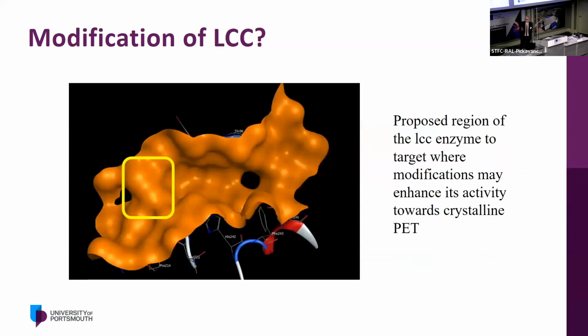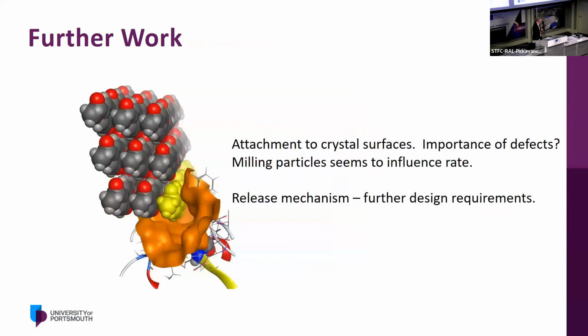So it makes you wonder about the way forward in terms of producing enzymes which will be more effective with crystalline PET. We've got to think about the environment around that binding pocket. For example, with LCC, can we alter the residues of the enzyme around here to make it flatter so that it could be used for both amorphous and crystalline materials?